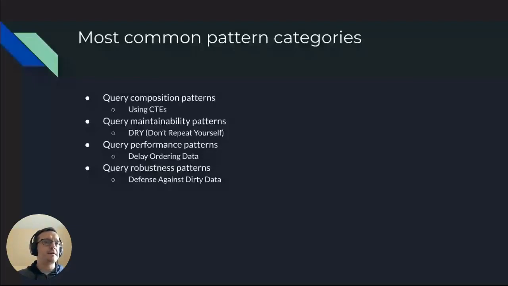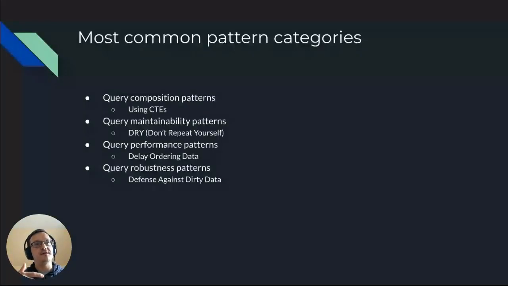So we have query composition patterns that help you compose your queries, making them easier to read and easier to understand. Not necessarily more efficient, but definitely more maintainable. An example of that is using CTEs as opposed to using subqueries. Then there are query maintainability patterns.